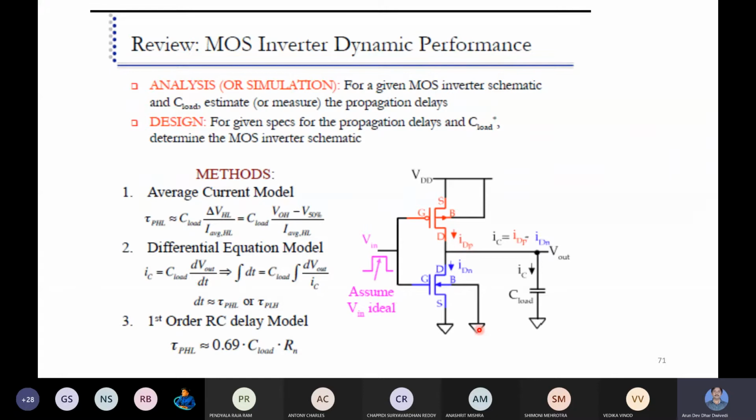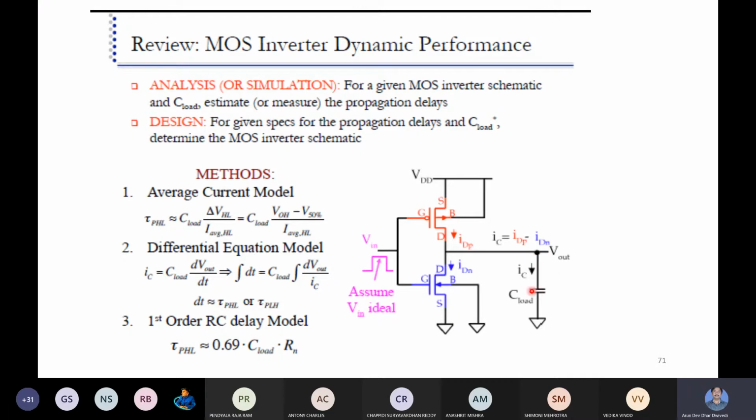This is the CMOS inverter circuit, with the PMOS in red color and the NMOS, incorporating all the capacitances we have previously discussed: the internal capacitance at the drain side, the interconnect capacitance, and the gate capacitance of the next stage transistor, all connected to the output node.